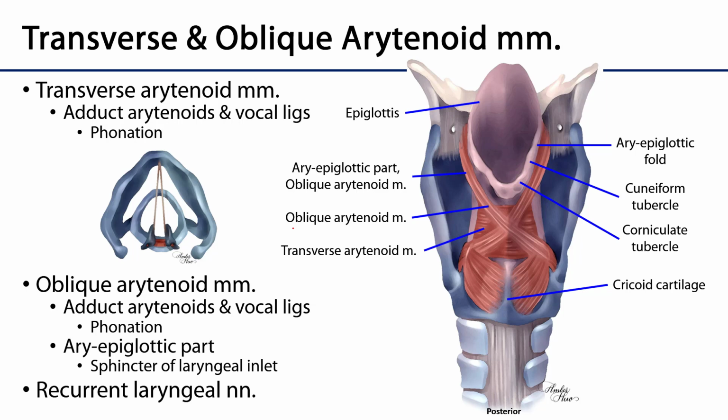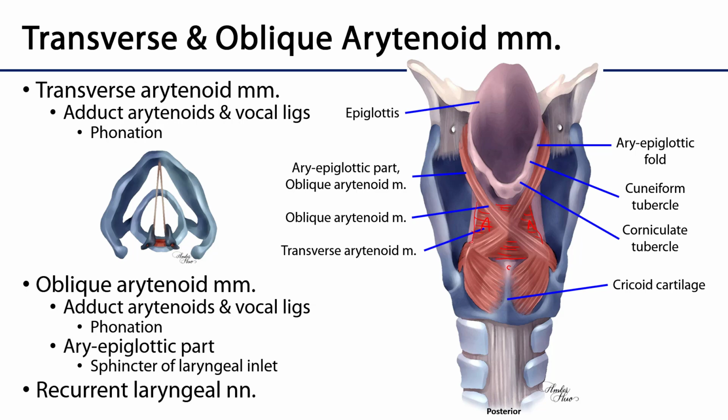Now let's take a look at the transverse and oblique arytenoid muscles, or just the arytenoid muscles. So again, there's cricoid cartilage. The arytenoid cartilages would be there and there, and spanning the distance between them here, we can see here are the transverse portions of this muscle. So the transverse arytenoid muscles are going to be very good at gliding the arytenoid cartilages together, so they're adducting those cartilages.